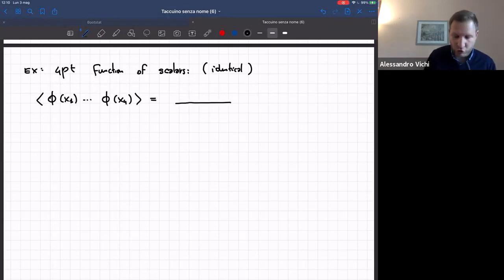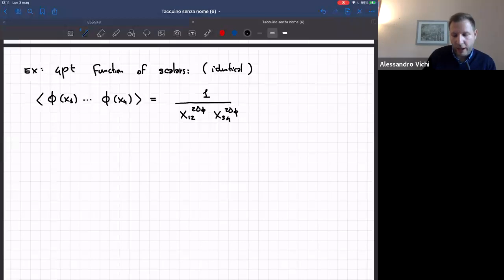Certainly, it will have a factor which reproduces the properties under conformal transformation, and this factor can be simply written as 1 over x12 to the 2 delta phi, times x34 to the 2 delta phi. So this factor alone reproduces the covariant properties of the correlation function. This object has the same scaling properties. It's invariant under rotation because we have scalars, and transforms in the right way under conformal transformation.